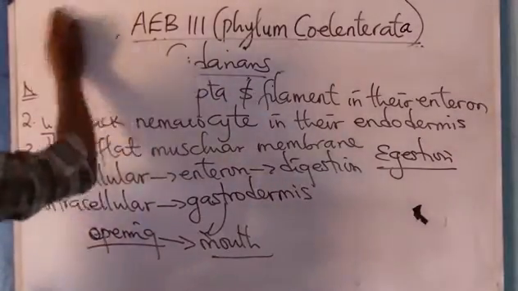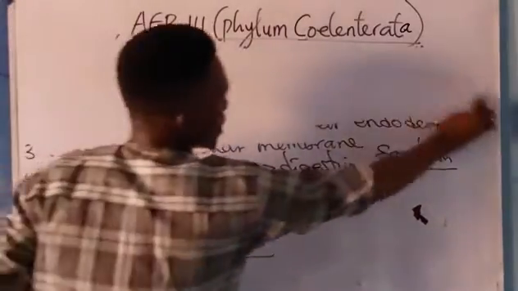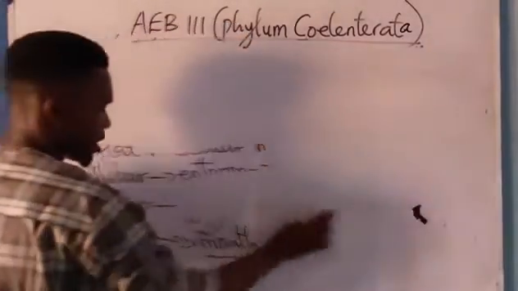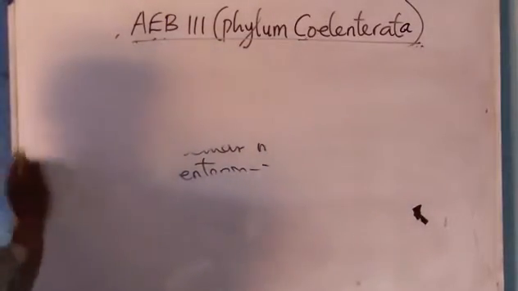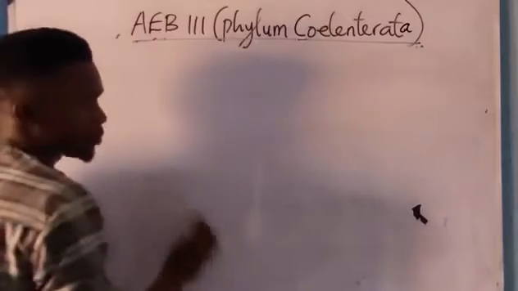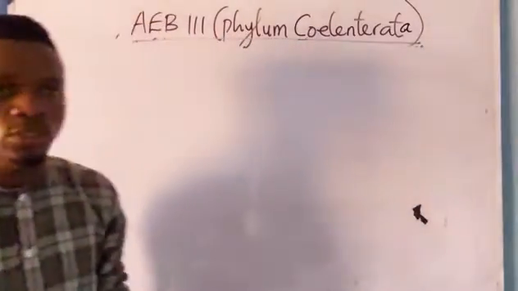All right. A good representative member of the hydrozoans is the Hydra. Now Hydra, which is polypoid, reproduces asexually through what? Budding. What is budding?